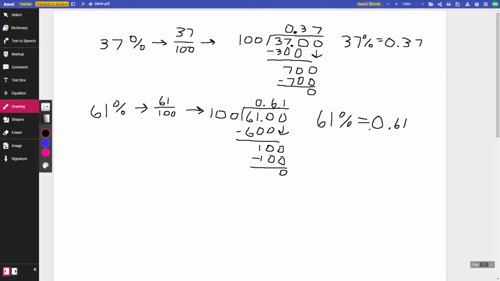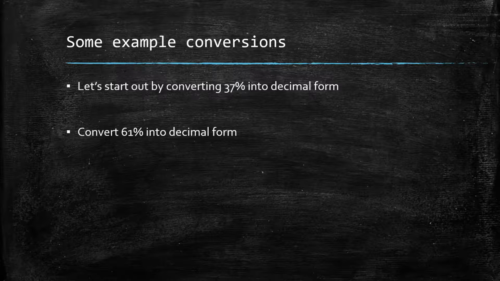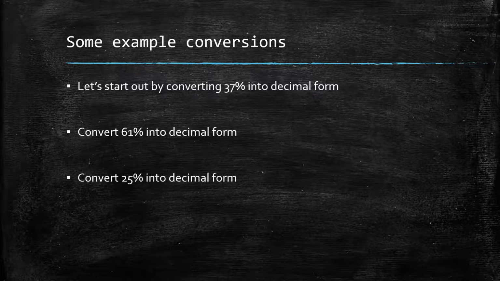Okay, so we've got two here. We had 37% is 0.37, 61% is 0.61. So hopefully, if you didn't already know this before, you're starting to see a little bit of a pattern here. But these two numbers were both relatively prime with the number 100. We didn't have any common factors we could take out. So let's try one where we do, and let's actually reduce the fraction first and then see if our pattern holds.